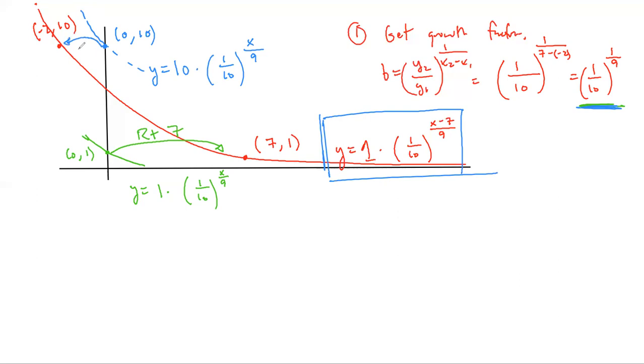And so I would have to go left 2 units. Well, how do I do that going from that blue curve to the red one? Well, I'm going to have everything that we had. y is equal to 10 times 1/10 to the power, but instead of having x, we have to have that left shift, (x plus 2) over 9.